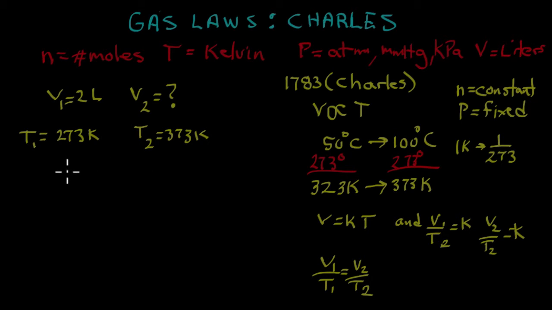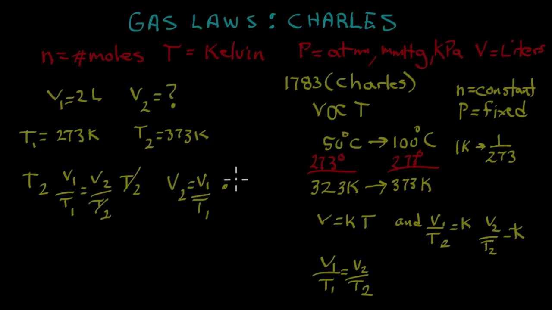The equation that we're using, we want to solve for V2. So V1 over T1 equals V2 over T2. To isolate V2, we multiply both sides by T2, and we get V2 equals V1 over T1 times T2. Put the numbers in. The initial volume is 2 liters.